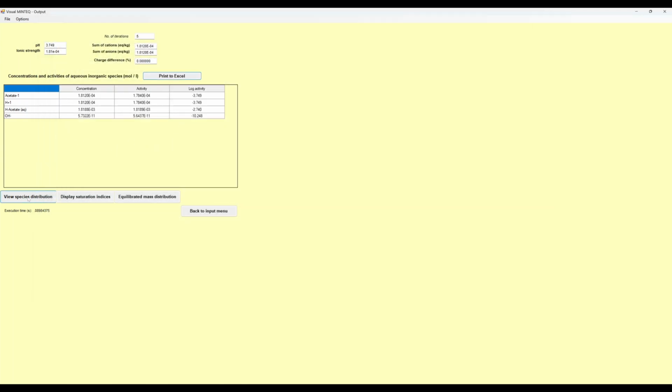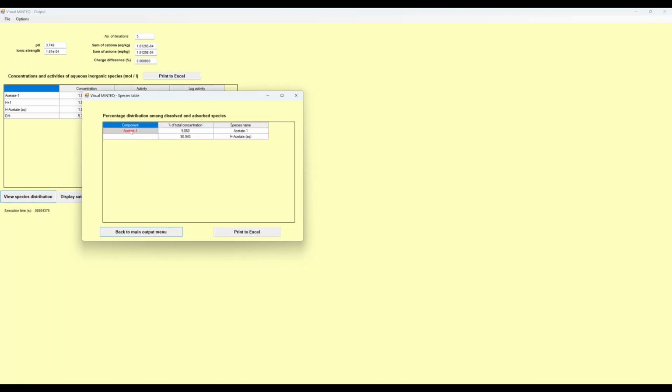Then you can have a speciation distribution. For example, for the acetate, if we consider the total acetate that was introduced, 90% of it is in the form of acetic acid, and just 9% of it is in the form of acetate. And this makes sense because the acetic acid pKa is around 4 point something, so this is a weak acid.